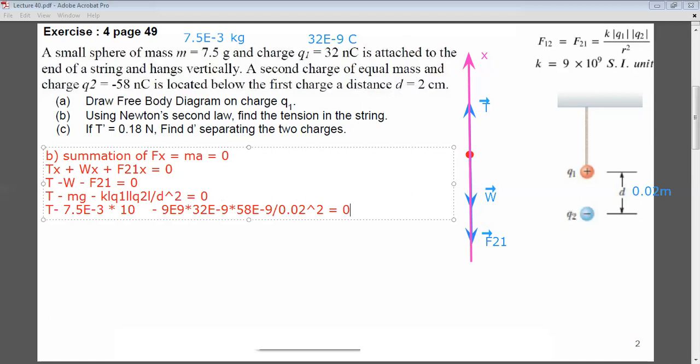This is equal to 0. I get tension minus 0.075, minus 0.04176, equal to 0, and I get the tension to be 0.12.